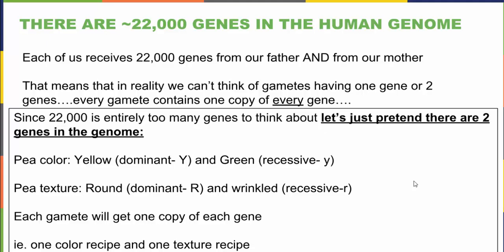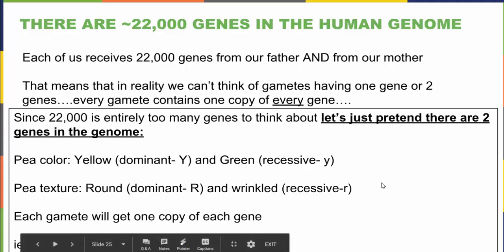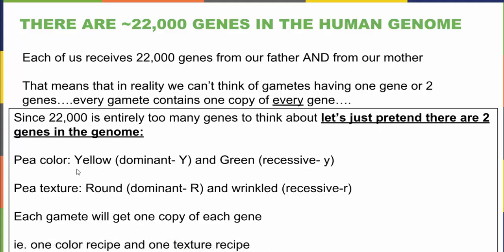Now we're going to do an example where we're looking at 2 genes at the same time. Remember, your egg or your sperm is going to have 22,000 recipes in it. We're going to talk about there just being 2 and how 2 different genes can be passed along. So we're going back to peas, back to Mendel, and one gene is pea color.